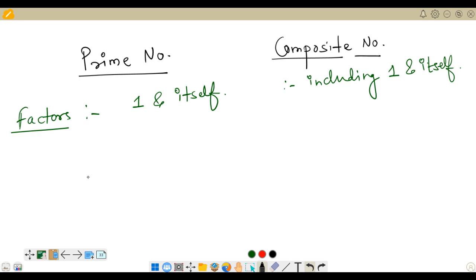Okay, so let's write the first. I'm going to write the numbers from 1 to 50, and you have to pick which are the prime numbers.